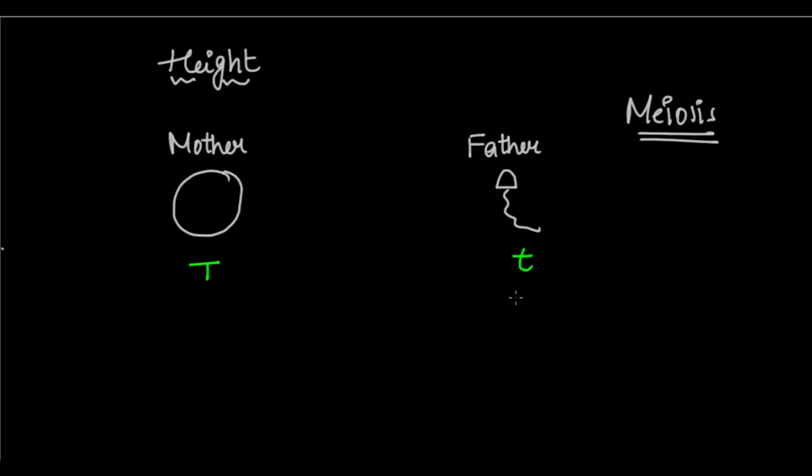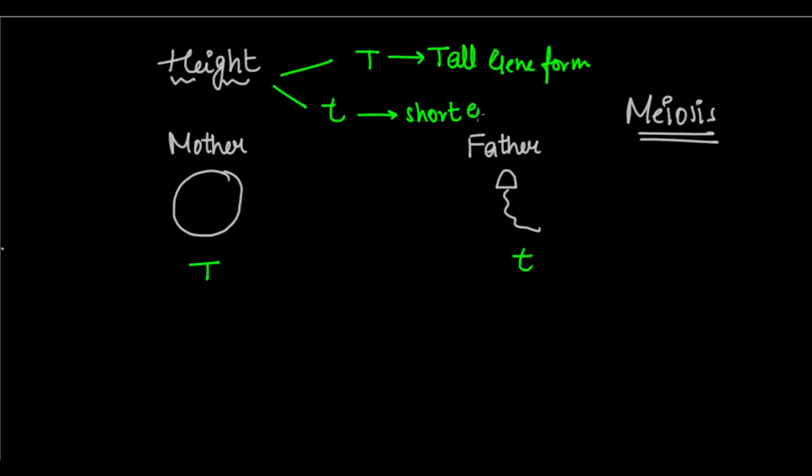So there are forms of a gene of a particular trait. For example, height can have two types of gene forms: capital T and small t. Capital T is the tall gene form, and small t is the short gene form.